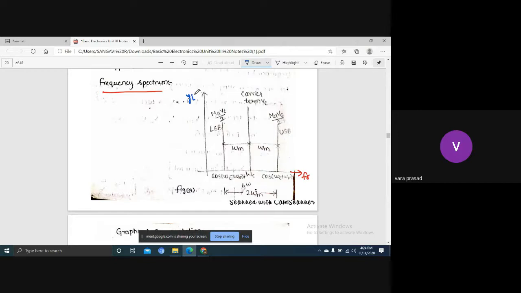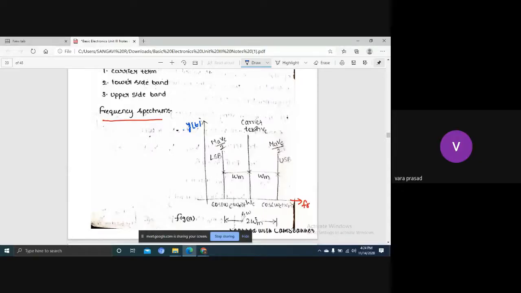For this signal, the amplitude at omega c is Vc. I will mark it in blue. This is the amplitude Vc at omega c.